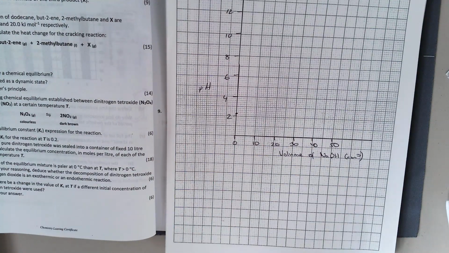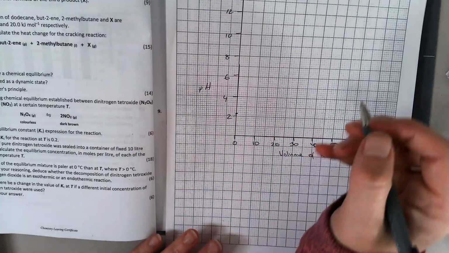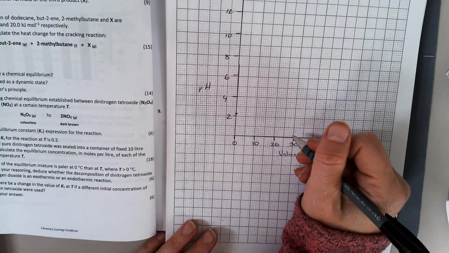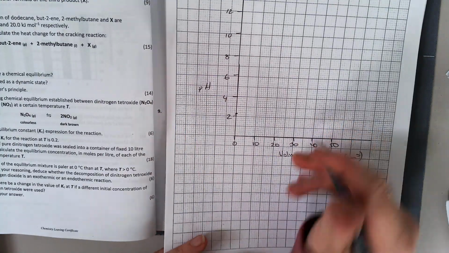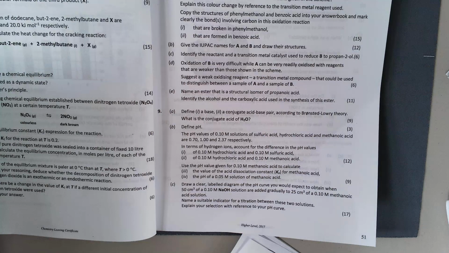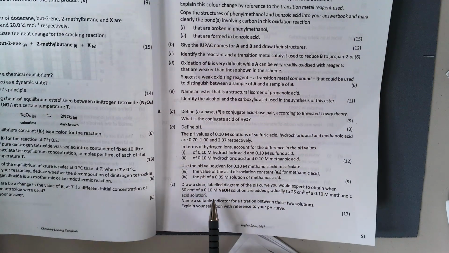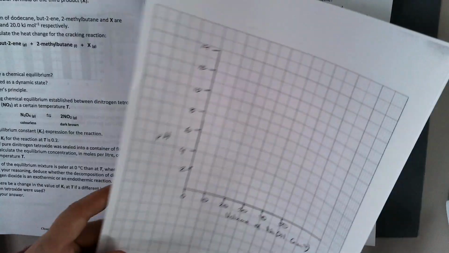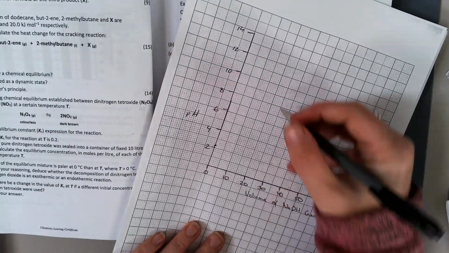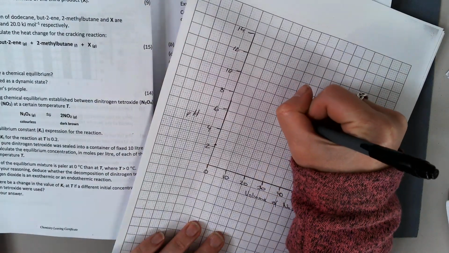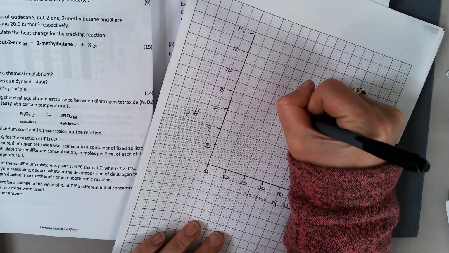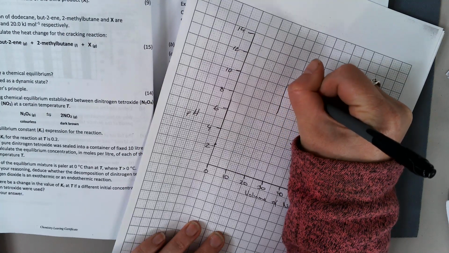Okay? The next thing then that you need to be aware of is my pH range here. Because I'm titrating a weak acid against a strong base, my vertical region is going to be above 7. And if you just look, I have 25 centimeters cubed of my methanoic acid. So that means at 25 centimeters cubed of my base, I must have the vertical part of my region, and that must be above 7.